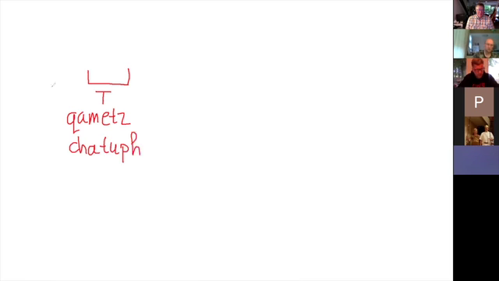And this is short. And the other one is a kamets with 2 dots in front of it, and that's a chatef kamets. These are not so common as the golem or the golem vav.